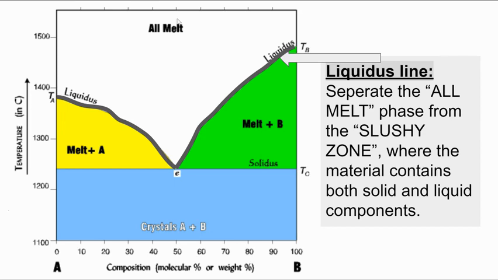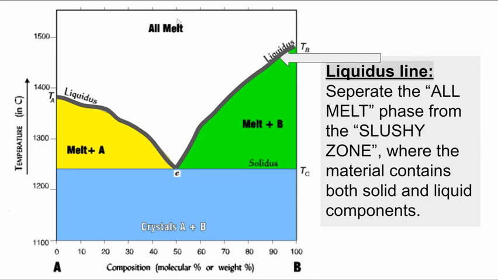The liquidus line is the V line that separates the completely liquid section from what we call the slushy zone, where the material contains both solid and liquid components.